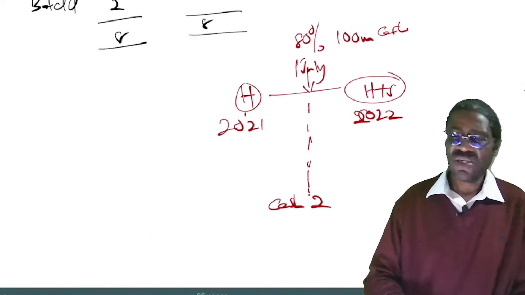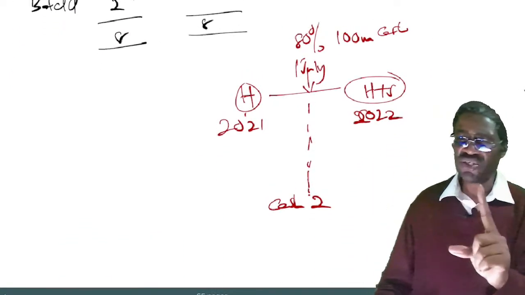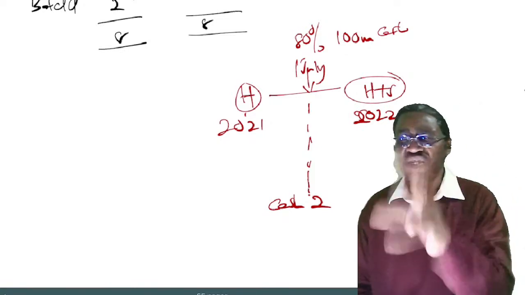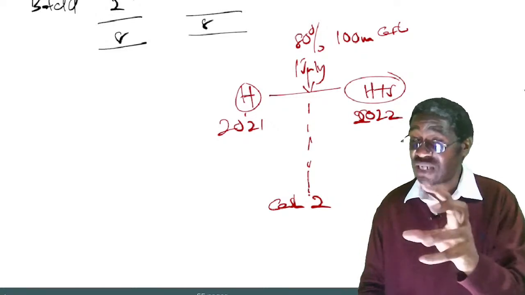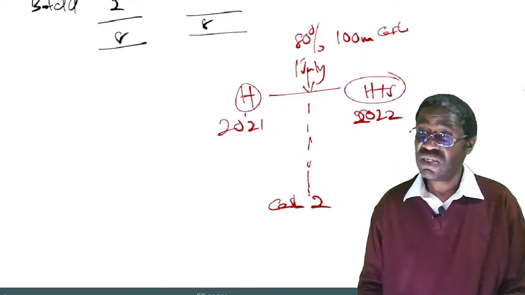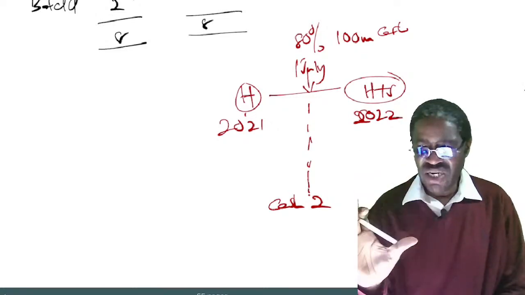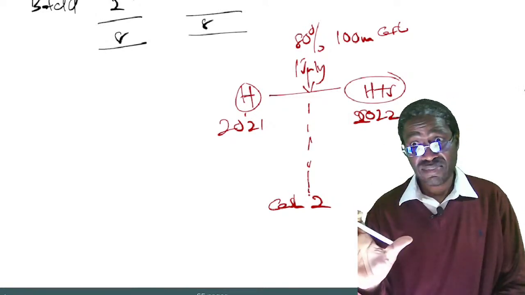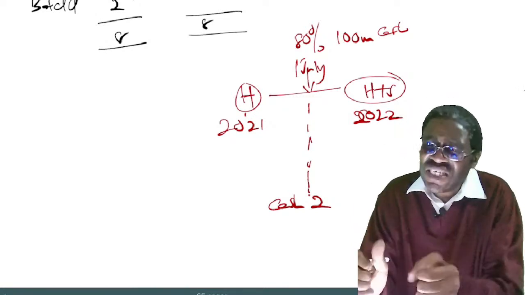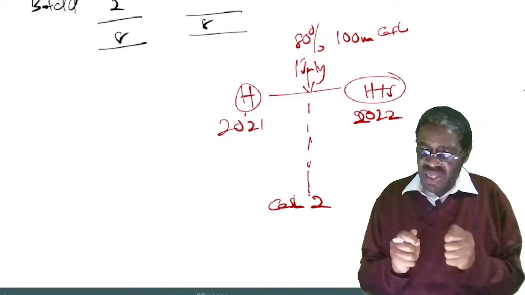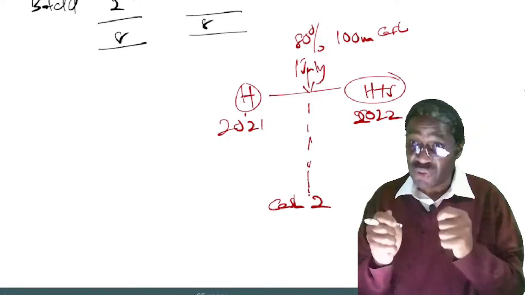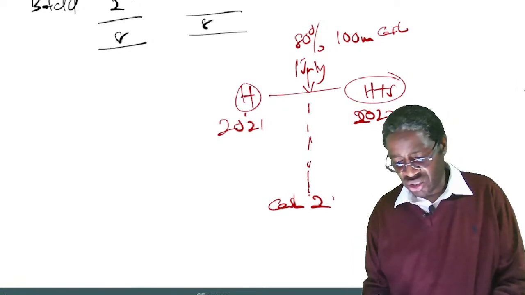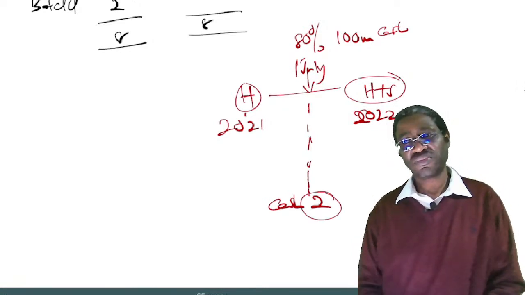Listen. Today, on 1st July, I paid you to buy 80% shares in that subsidiary company. I paid them 100 million cash. But among the assets they are giving me, that subsidiary, there is that cash of 2 million.